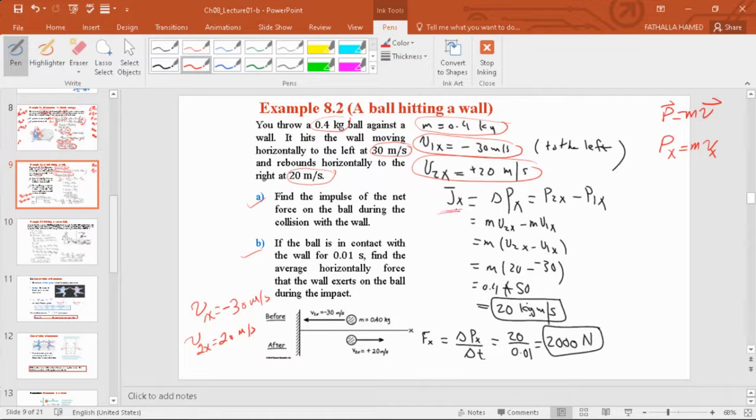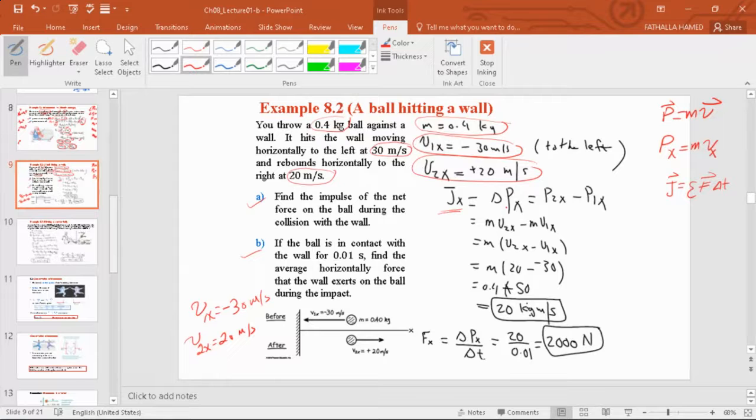Now the impulse, and remember, the impulse is a vector as well, and it's equal to the integral, or you can say it's just equal to the force times delta t if the force is constant. So the impulse is a vector as well, but I take the x component only in this case.